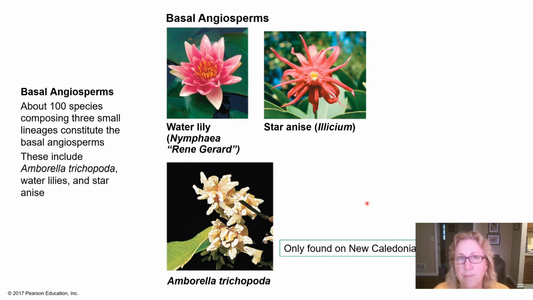So here's some of those basal angiosperms. Amborella is a woody shrub-like plant with these very simple flowers. It's only found in one place in the world. There used to be more species of it, we assume, and it used to be more abundant. New Caledonia is a really interesting place. It's an old island.